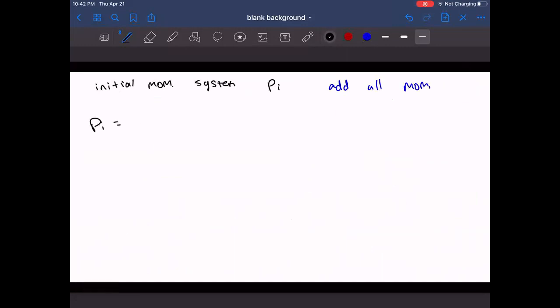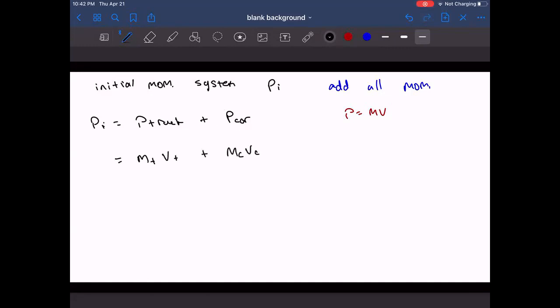P_i equals the P of the truck plus the P of the car, the momentum of the truck plus the momentum of the car. But also momentum is m times v. So this is the momentum: m_T, the mass of the truck, times the velocity of the truck. What's the car?